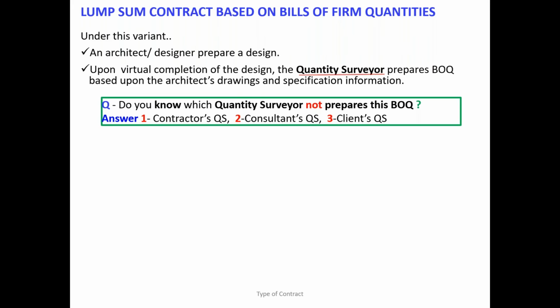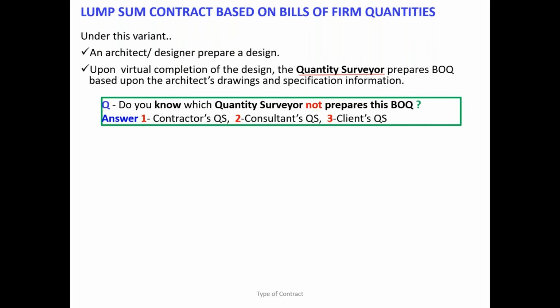Now let me ask you another question to answer this. Are we preparing the BOQ before floating the tender? So it is called the pre-contract stage. Is the contractor quantity surveyor there or not?